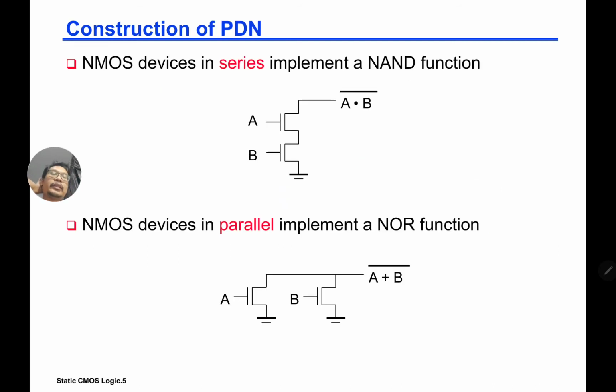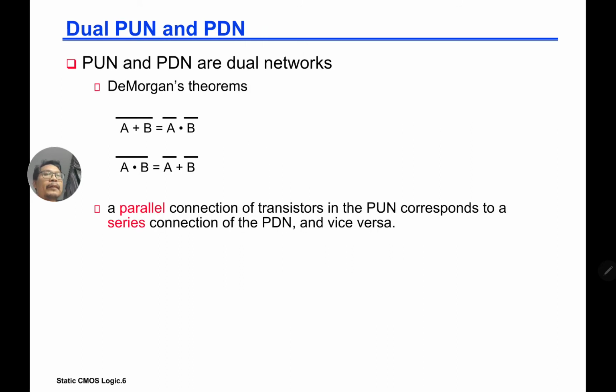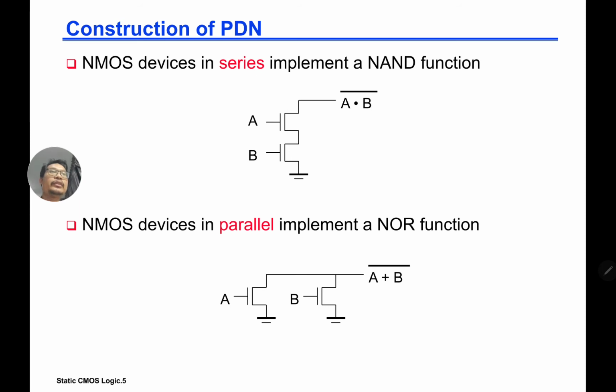Now, the construction of a pull down and a pull up network. Basically, NMOS devices in series implement a NAND function, whereas if you put NMOS in parallel, it implements a NOR function. So let's have a look here. Let's say this is node F, and let's make a small truth table here, A, B, and F. What happens if you put 0 0?